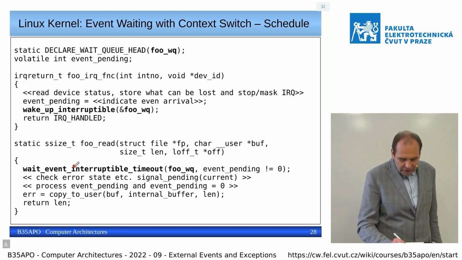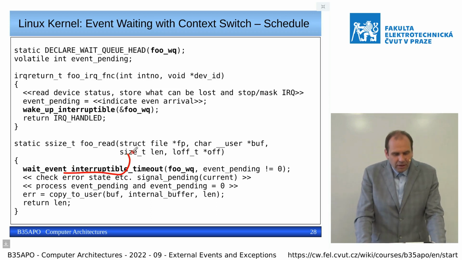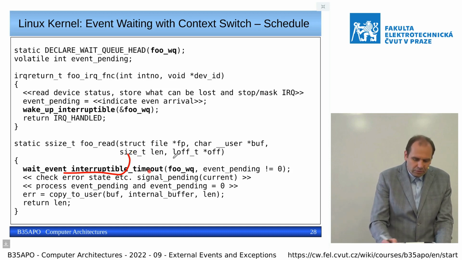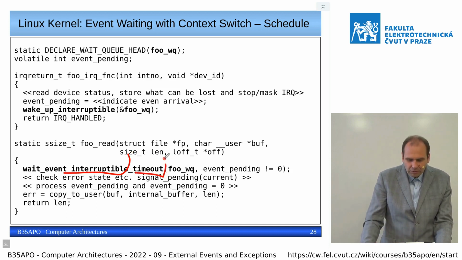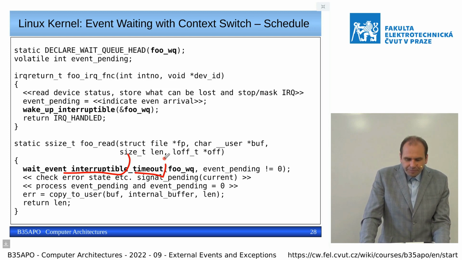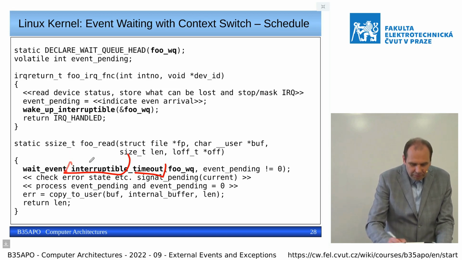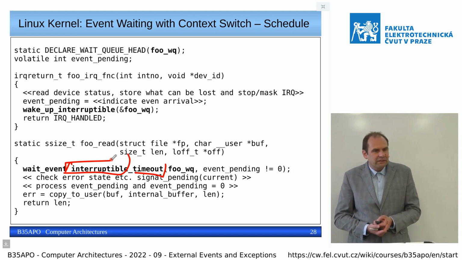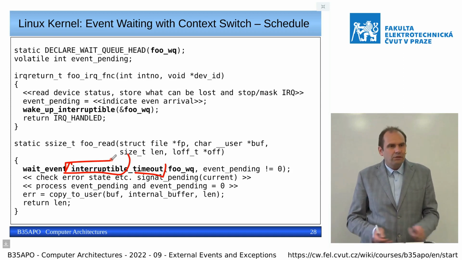What is important is that we usually want to implement it with an interruptible wait, because it means that if you try to kill the task or send a signal to the task, it can wait with timeout or without timeout. If you do not have the interruptible wait, then if a given task waits for some event and this event didn't arrive, you cannot stop that task.